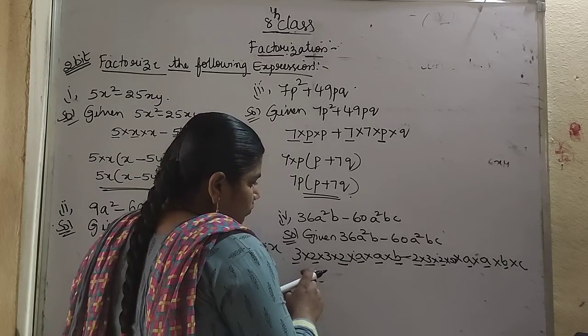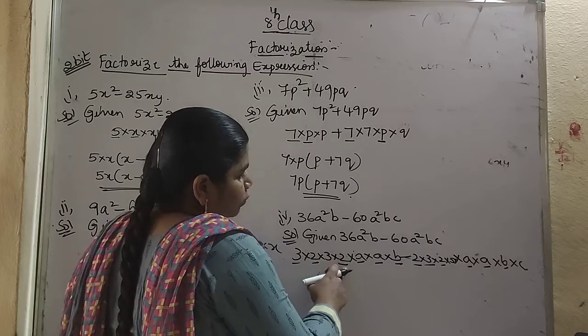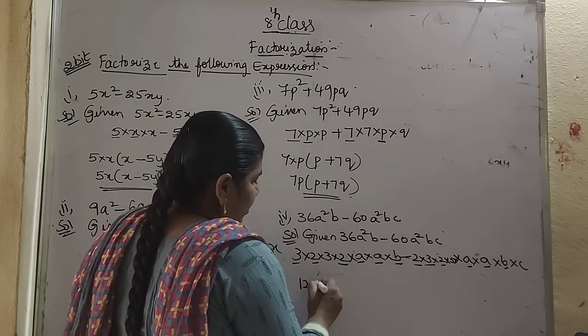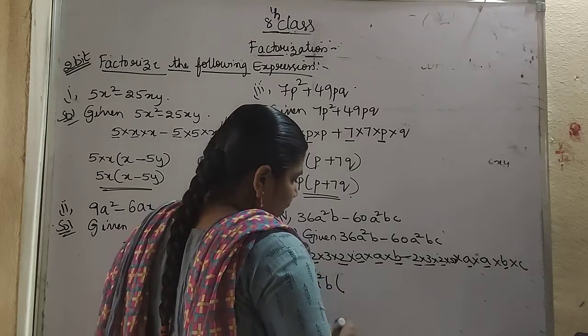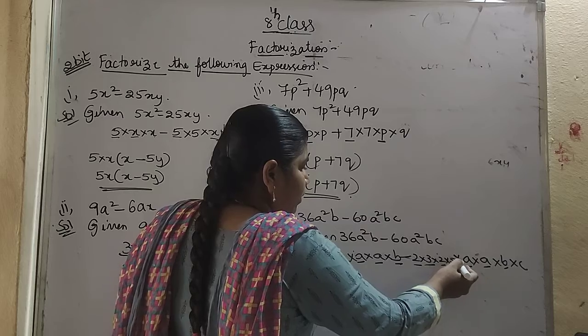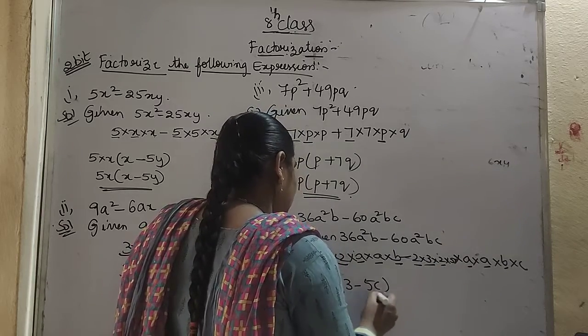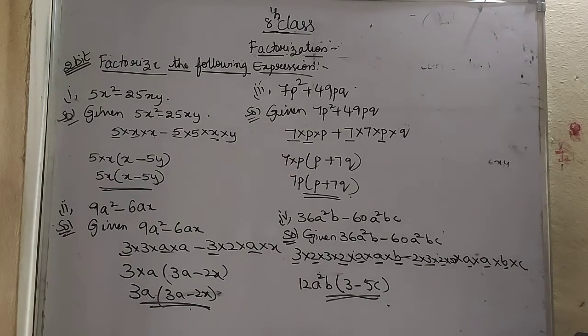So 3 2s are 6, 6 2s are 12. So 12a square b is common, and the remaining terms we have to arrange in the bracket. It is 3 minus, here it will be 5c. So this is the factorization for the given question. So this is our fourth bit.